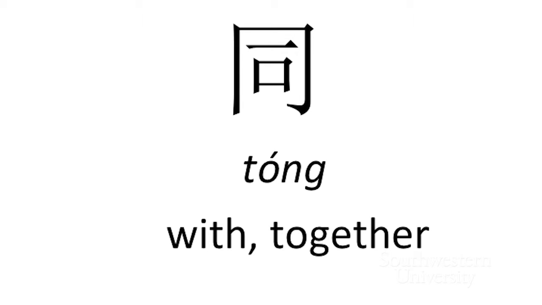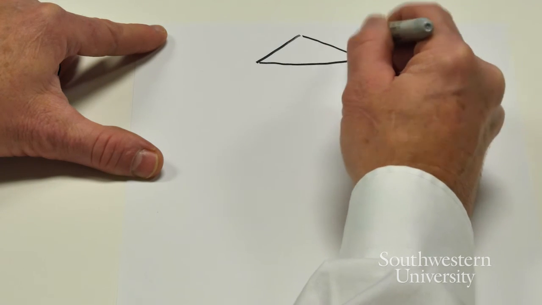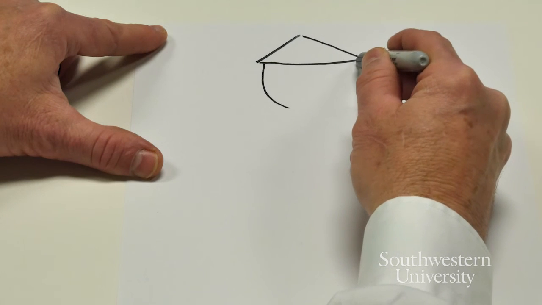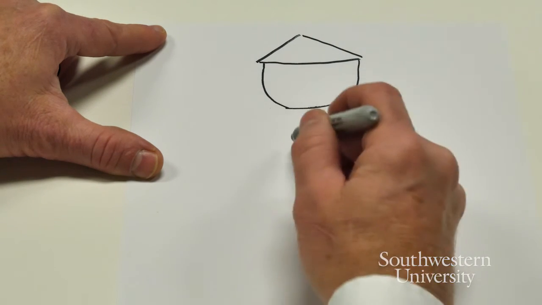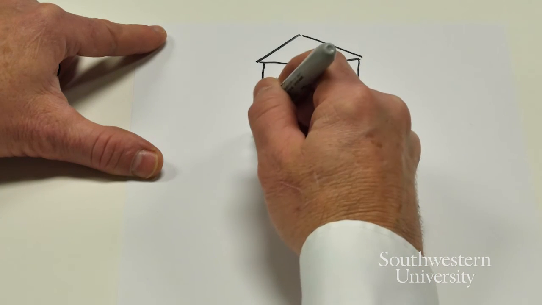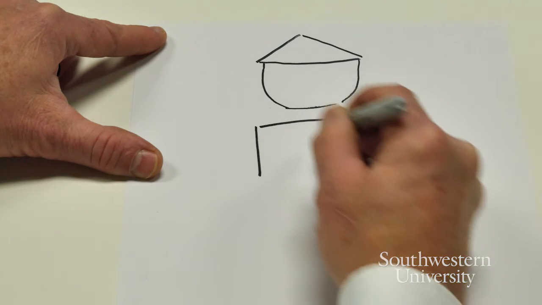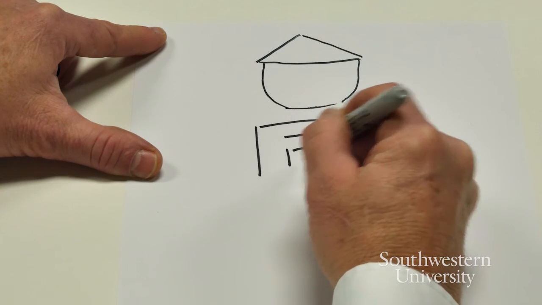Tong is the next character, and it is its own component. It probably is a depiction of an ancient food pot, which would have a conical cover like that, made of clay, and then the bottom would look like this. So it's not too far of a stretch to imagine a character imitating that shape. And there are a number of characters that are derived from that. Tong.